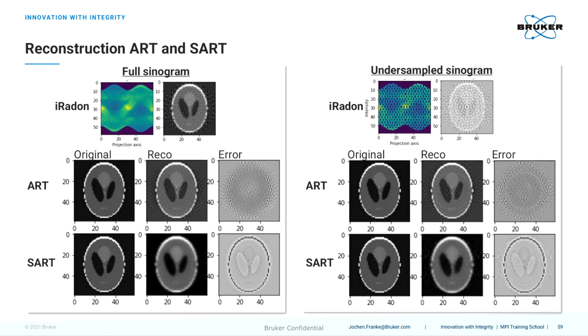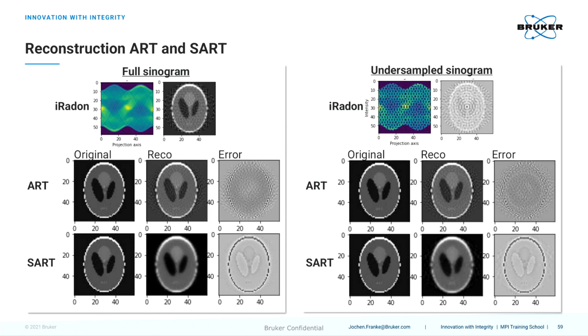Well, there are solutions. There are other reconstruction approaches rather than the filtered back projection or iRadon, the inverse radon transform. There are the reconstruction approaches ART and SART, and by reconstructing the full sinogram, it is comparable in image quality. This is a little bit more blurry, but still we can reconstruct the original data set.